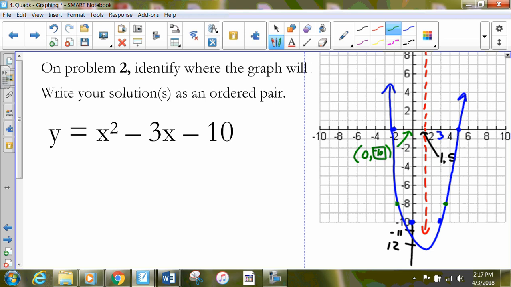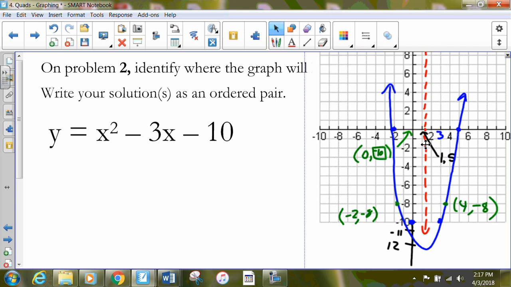If I was going to guess, my answer might be -2, -8, and this one looks close enough to 4, -8. But I don't know that. That's a perfect example of why we need to do it algebraically to double check if our graph is right.